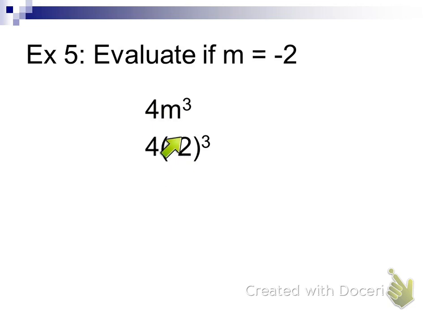Here the parentheses change the entire problem, okay? Because what I'm actually taking to the third power is the -2. So this is -2 times -2 times -2. Still have the 4 out front.